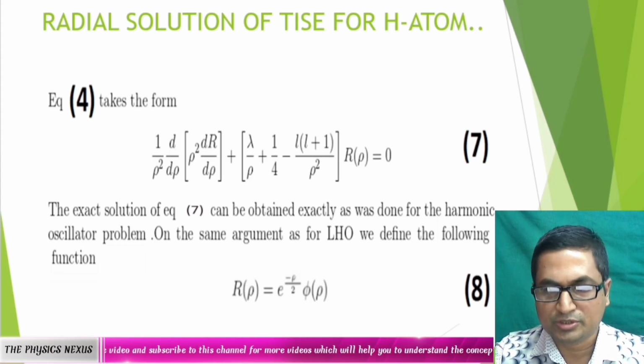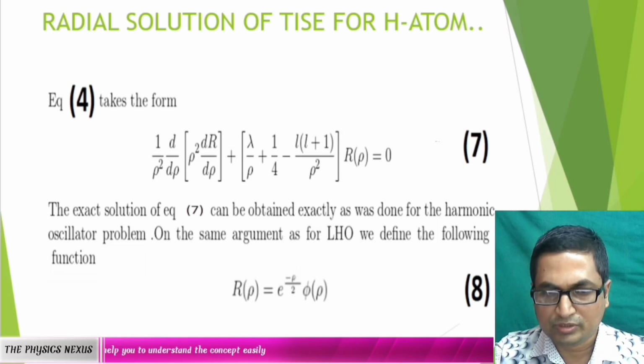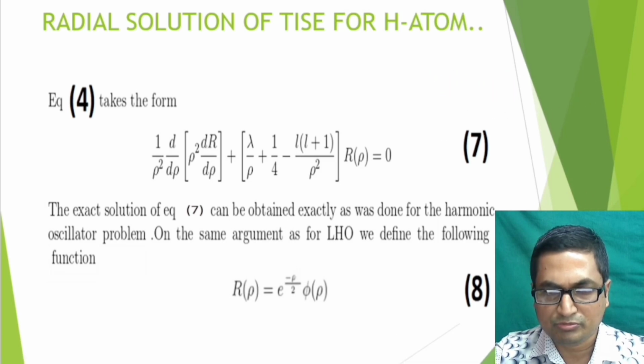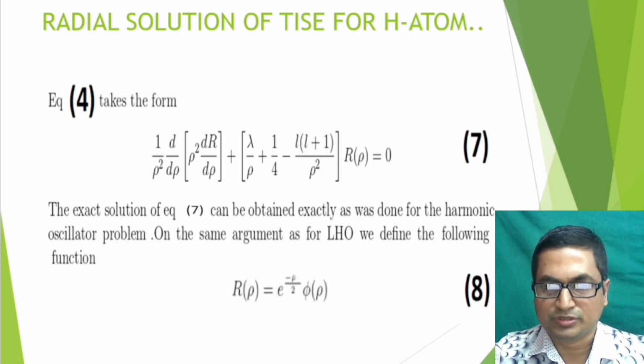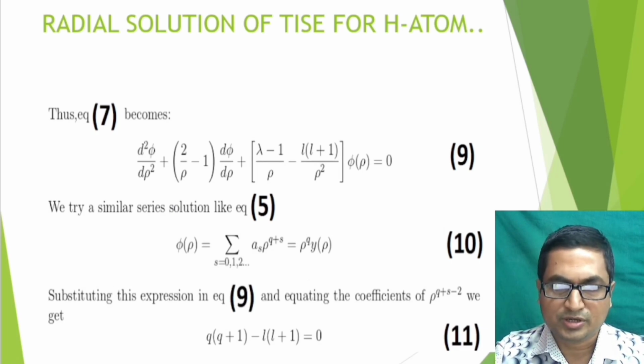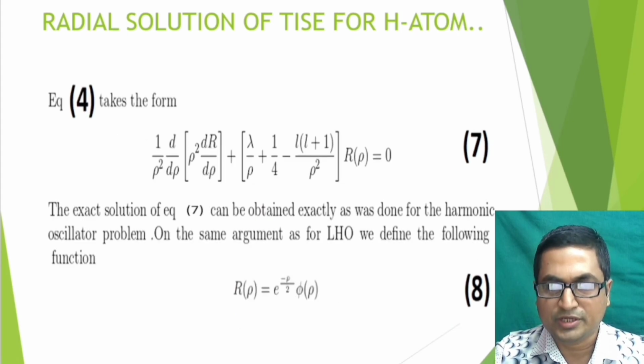In that case, we used the variable xi, and the total wave function was u of xi equal to e to the power minus xi square by 2 into phi as a function of xi. Now here, since we are using the variable rho, our wave function is defined in the same way as in equation 8.